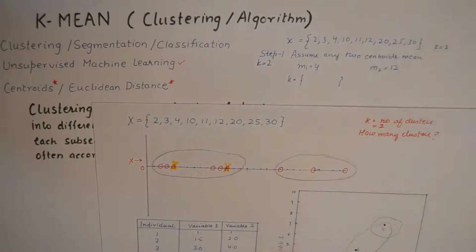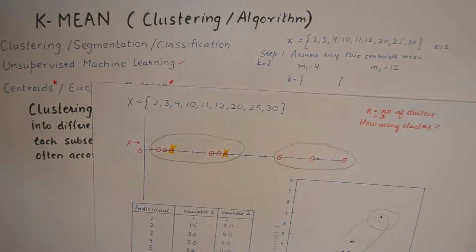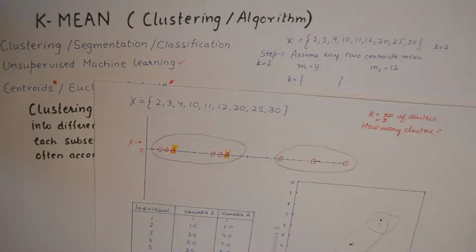Now this is our own random choice where we want to put these two centroids, but this algorithm is iterative in nature. By doing a few steps it will automatically adjust itself to find the appropriate final value. And how do we put the data points into clusters? Now this is what needs to be understood.